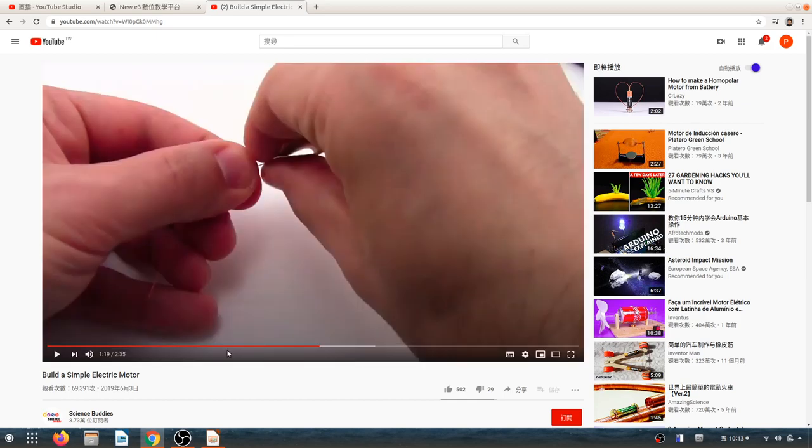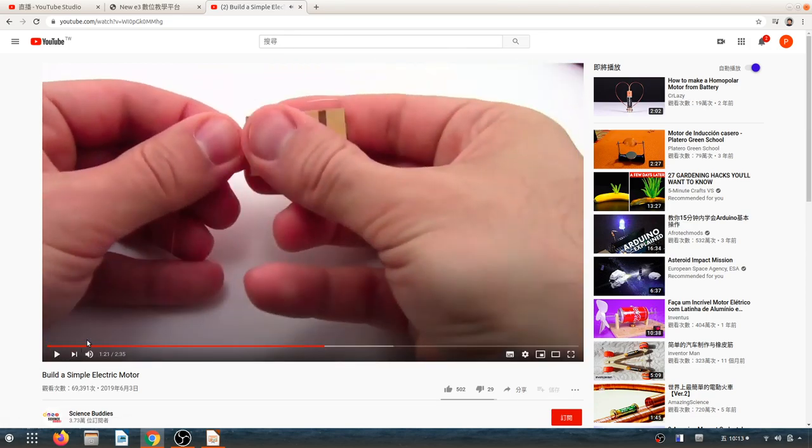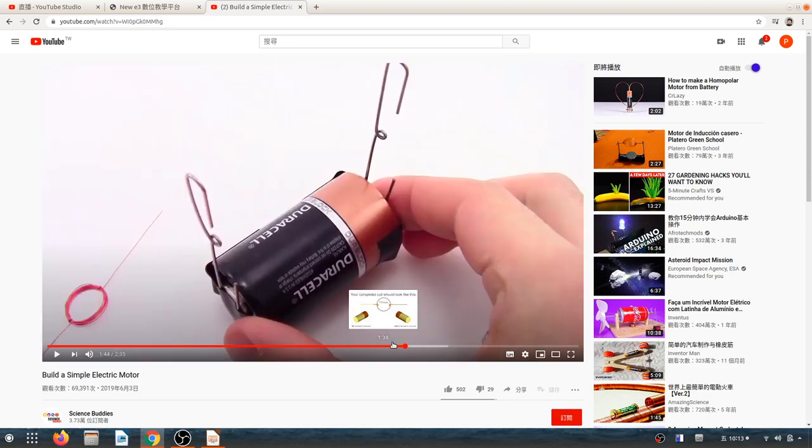Of course, there are some other technologies, for example, to make the magnetic field stronger, to make the rotation regular. There are many different kinds of requirements, but the basic concept is just like this. So we can see how it works.